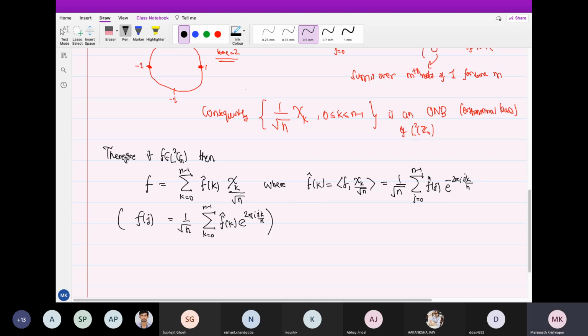So this is the definition of f hat of k, and f can be recovered from f hat in this way.